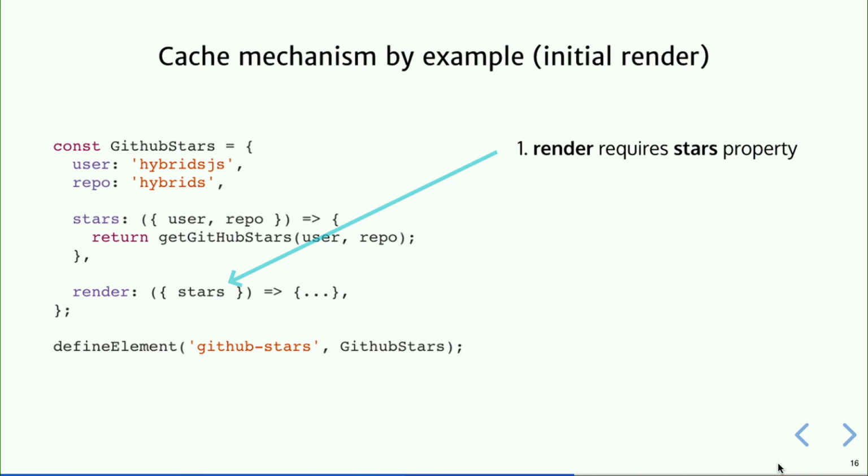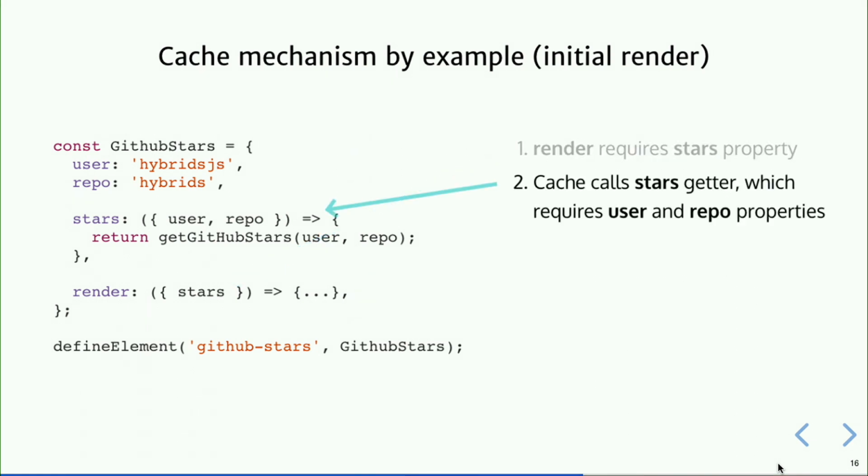And yes, it can be a complex cache mechanism. It's not that this getter is called by the way. It's actually the cache that calls it. So the cache calls the getter, which requires the user and repo properties. So we have a kind of recursion here.